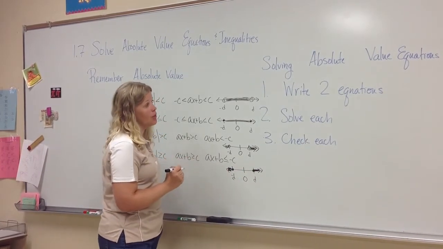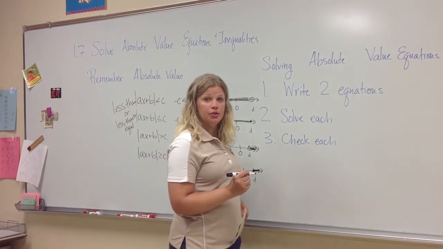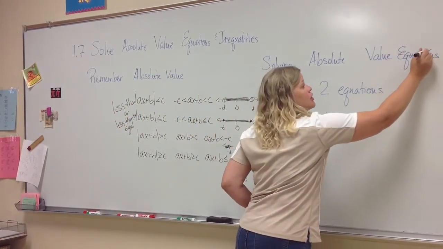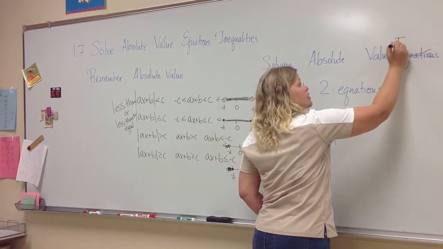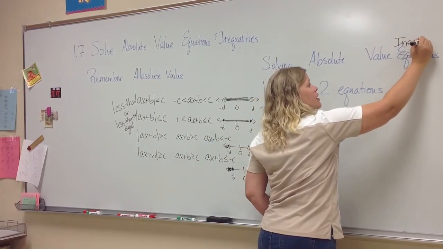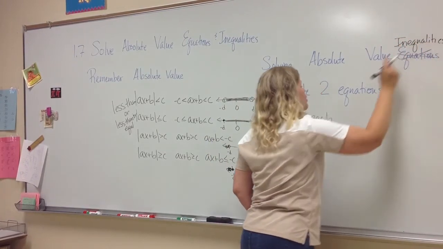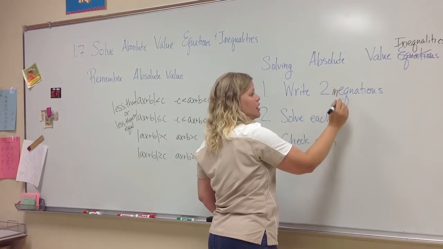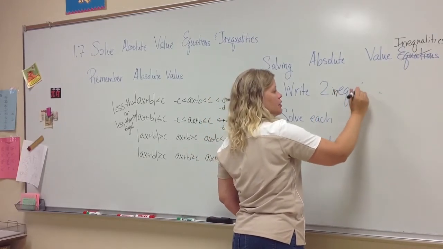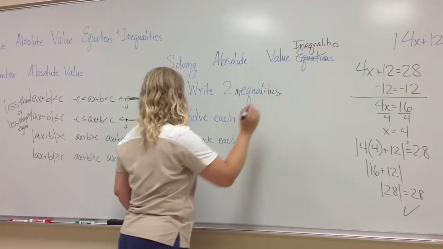So what I could do is just change this equation, because our steps are pretty much the same for inequalities. You are still going to write two inequalities, and here we'll just make it right.